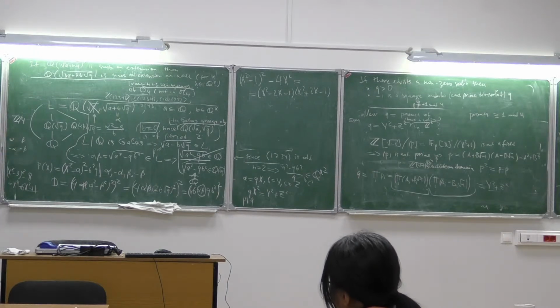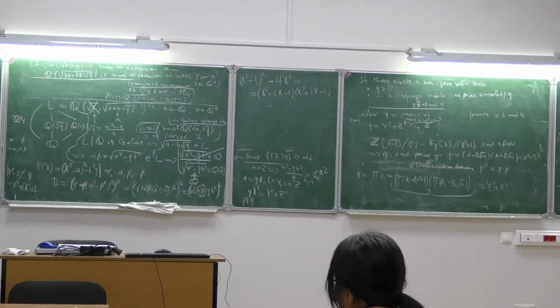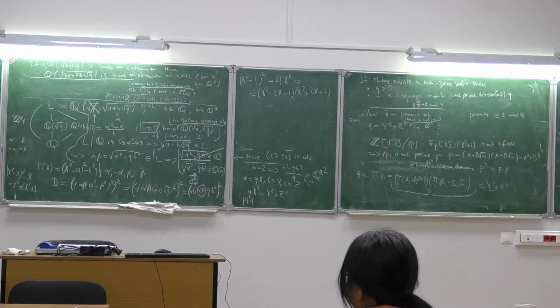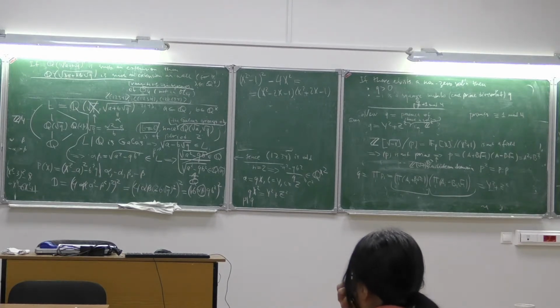Is that okay? No, it's not true. It is false. But anyway, this permutation was even, because it was two inversions.